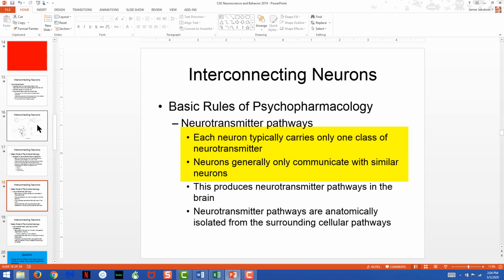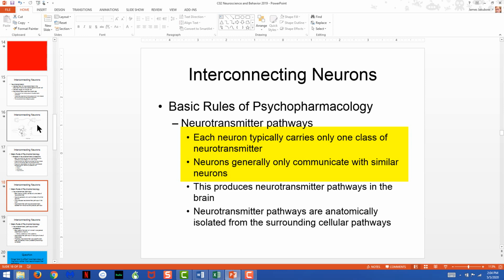So for example, dopamine is a common neurotransmitter that you find in the brain. It is most likely, therefore, that a cell that has dopamine as a neurotransmitter in its vesicles will most likely only communicate with other cells that also have dopamine.